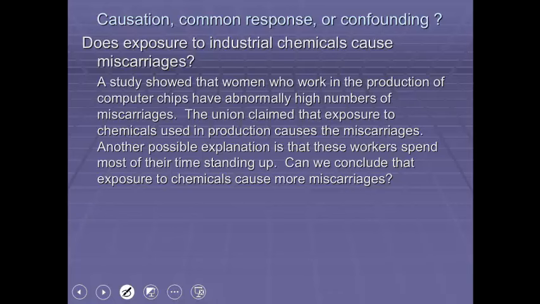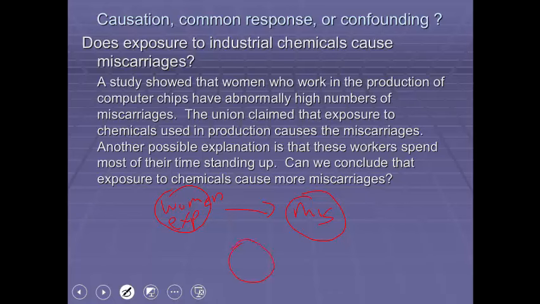Here's a situation. Does exposure to chemicals cause miscarriages? So a study has shown that women who work in production of computer chips have a lot of miscarriages. The union is claiming that exposure to chemicals, so these women exposed to chemicals, there's a situation where they're having more miscarriages.